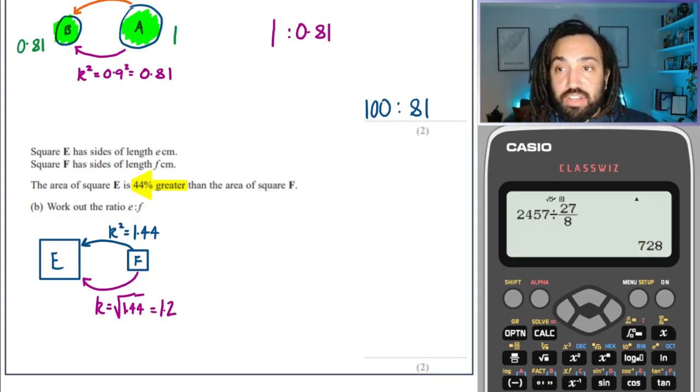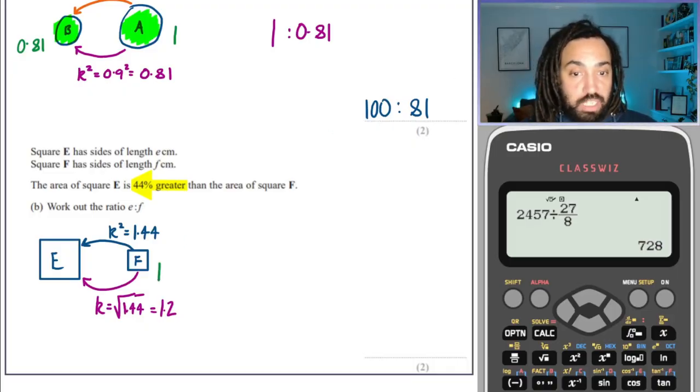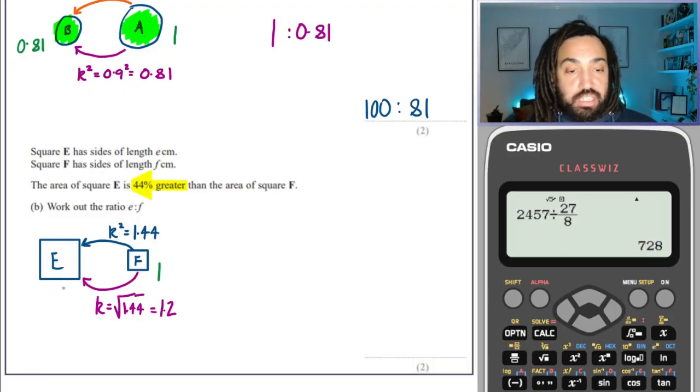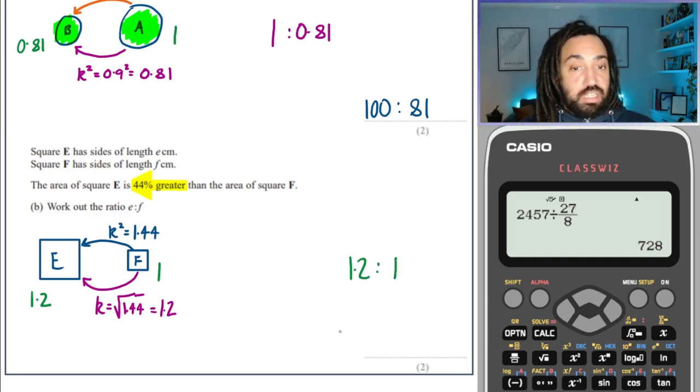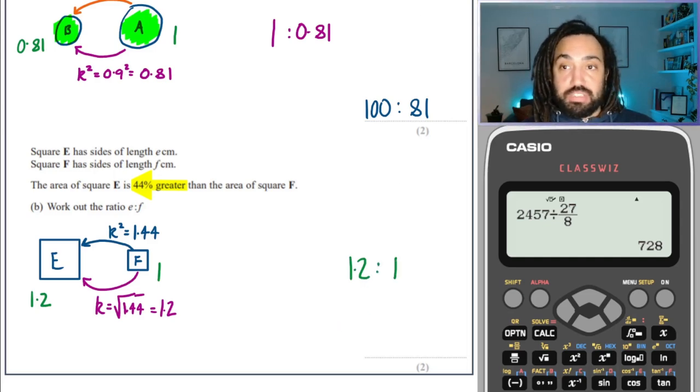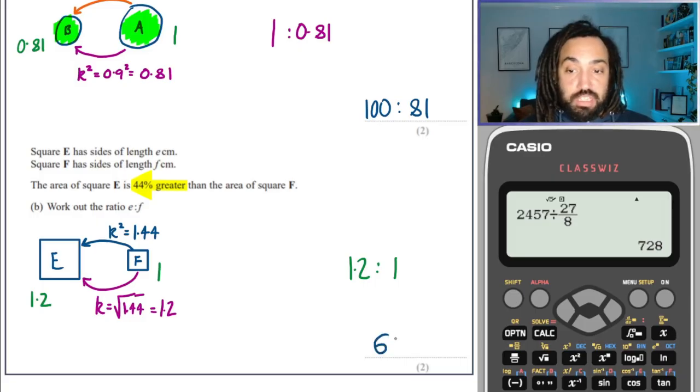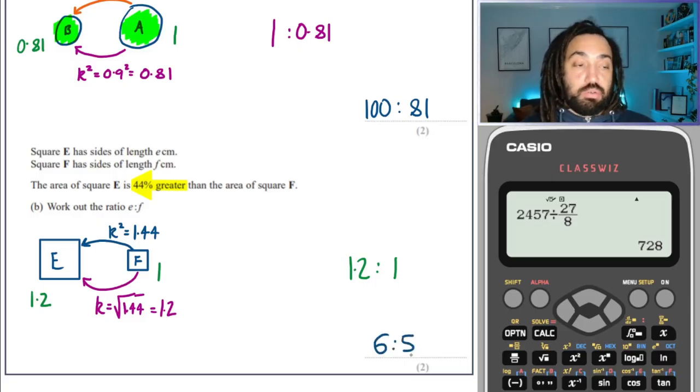So once again, if I call F 1, if it just has a value of 1, then E will have a value of times through by 1.2, you'll have a value of 1.2. So the ratio of the lengths, E to F, will be 1.2 for E, 1 for F. We can times these both by 5 if we wanted to get 6 to 5 to have it in whole numbers.